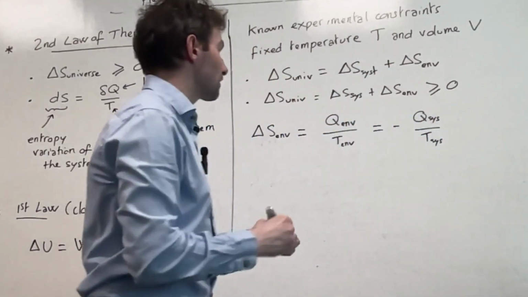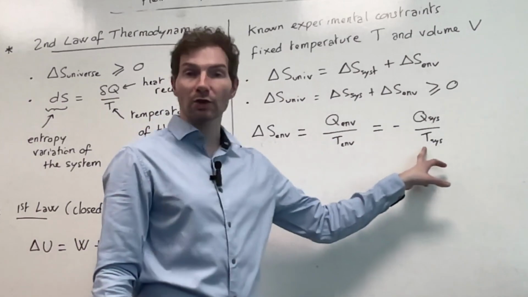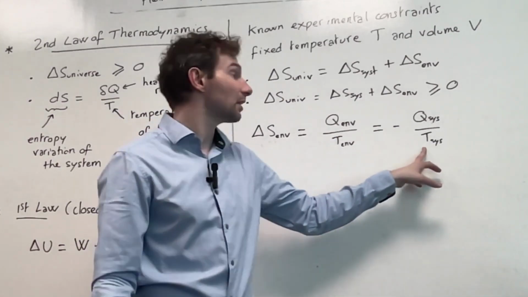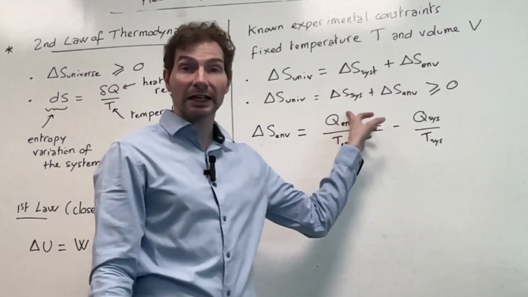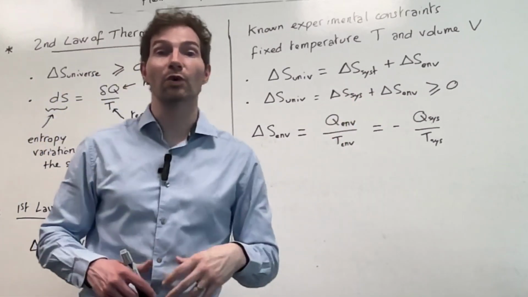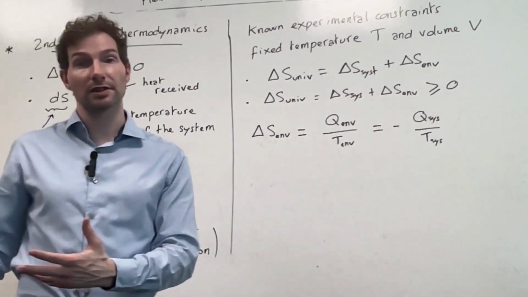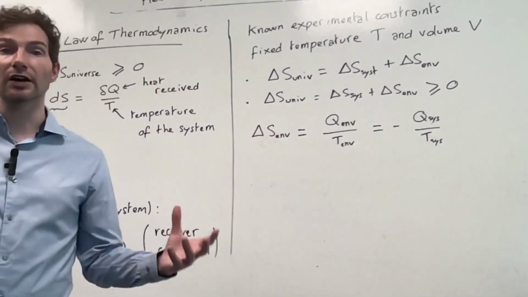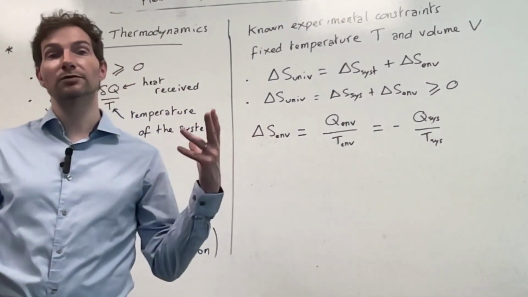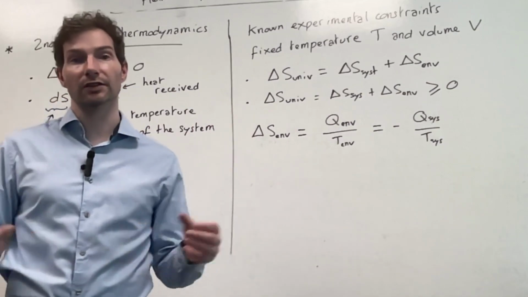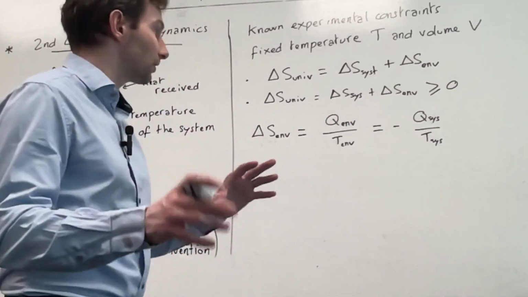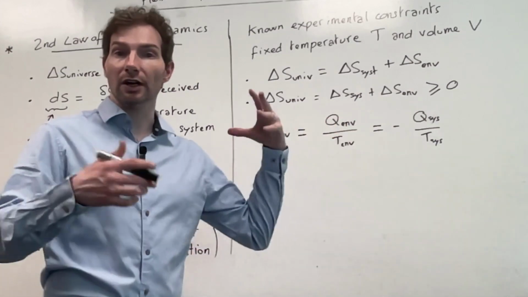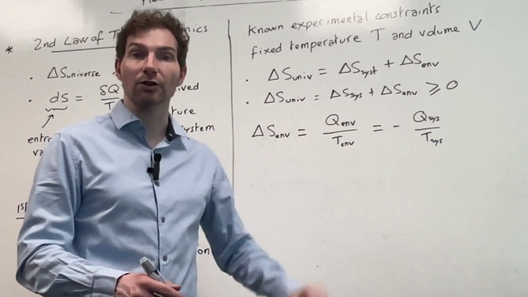This is because I've assumed that the temperature of the environment was equal to the temperature of the system, and that the heat received by the environment was coming from the system itself. Okay? And again, I did not assume that there was any internal heat coming from within the environment. Now, that could be addressed, but that's not something I'm going to put here.